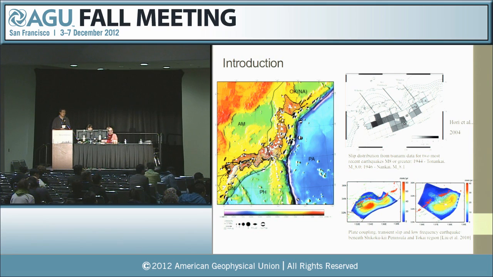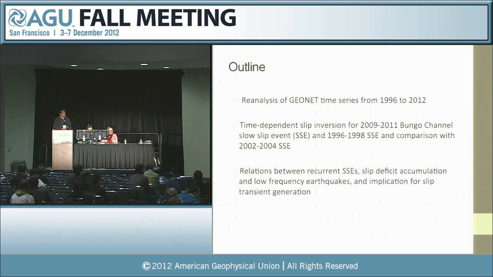Those reanalyzed GPS time series provide a foundation for us to look at other slow slip events, also compare with the ones we have studied, and re-examine the spatial-temporal correlation between transient slip, plate coupling, and other silent earthquakes. So in this talk, I'm going to first talk about reanalysis of GPS time series covering the 16 year time span.